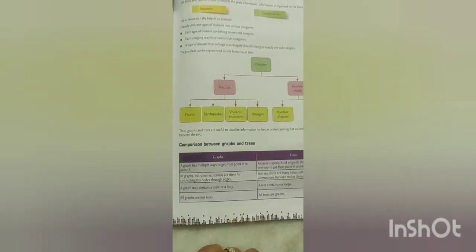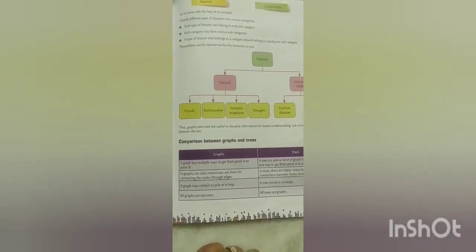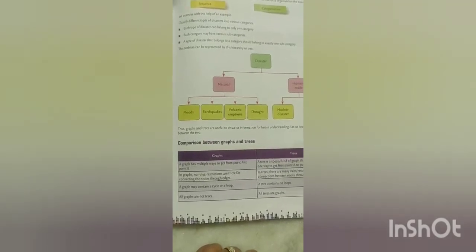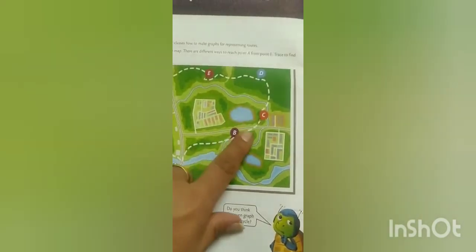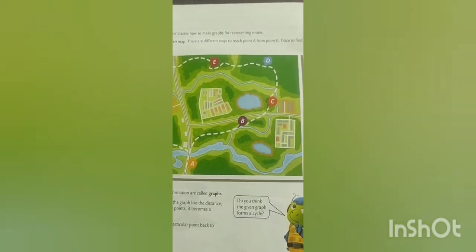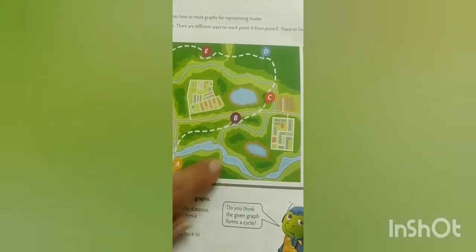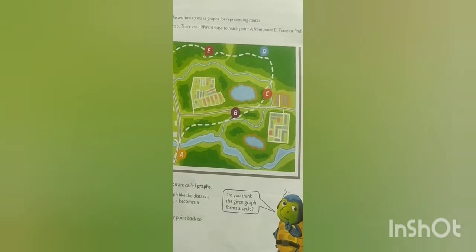Second difference, in graphs, no rules and restrictions are there for connecting the nodes through edges. Edges are basically how you connect 2 points. So let me show you. This A to B is connected through an edge. A and B are the nodes and the particular line that is connecting A and B becomes the AB edge. Similarly for BC, the line that is connecting point B and point C becomes its edge.